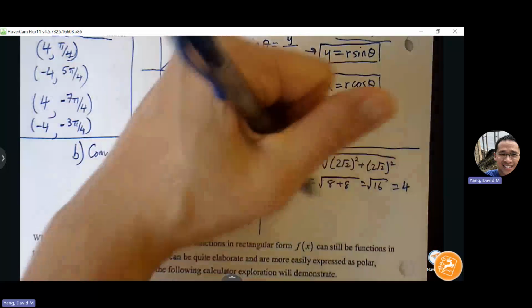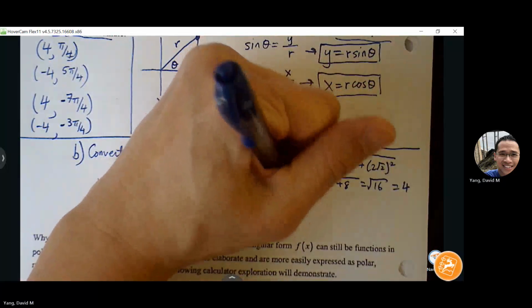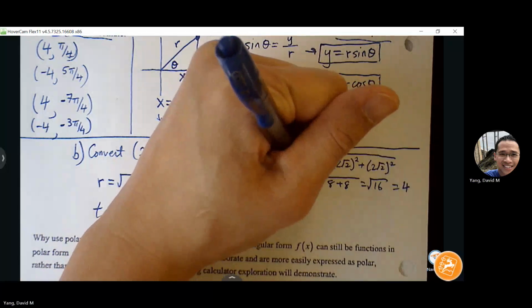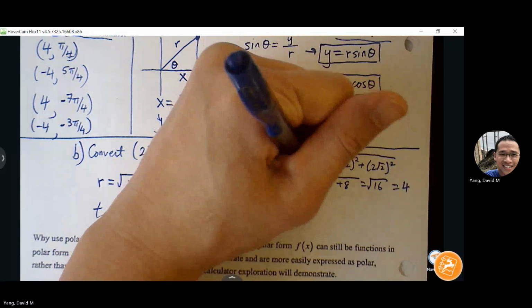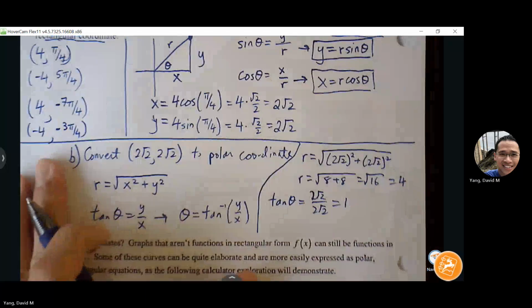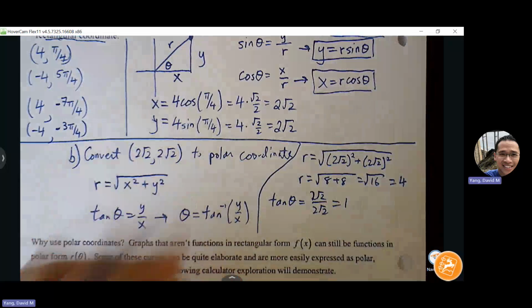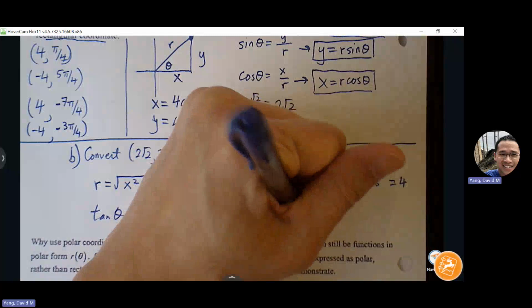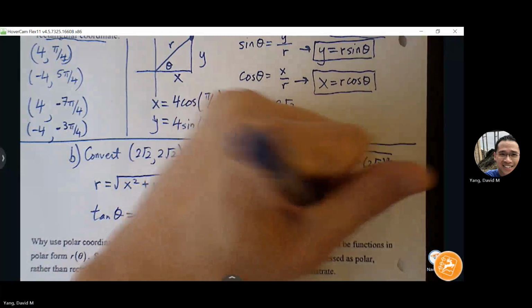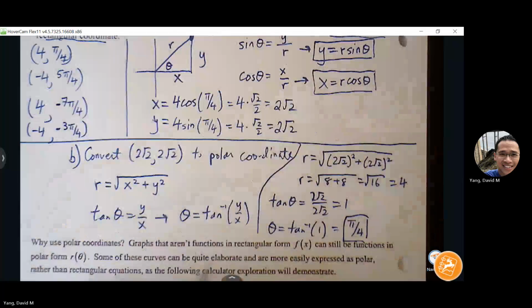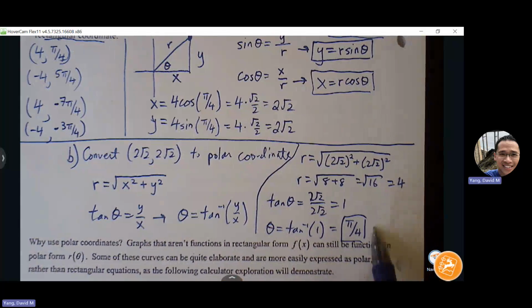And we know that tangent of theta is y over x. So tangent of theta is equal to 1. First quadrant. Pi over 4, so r comma theta.